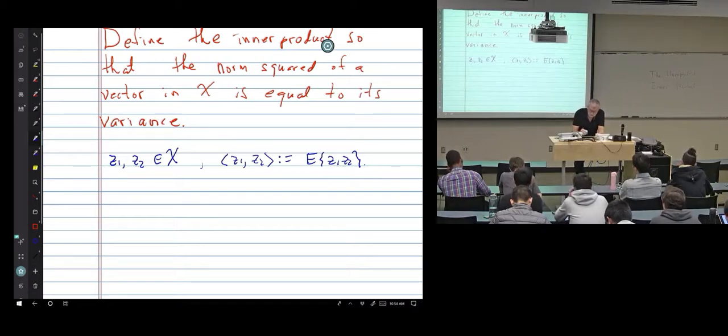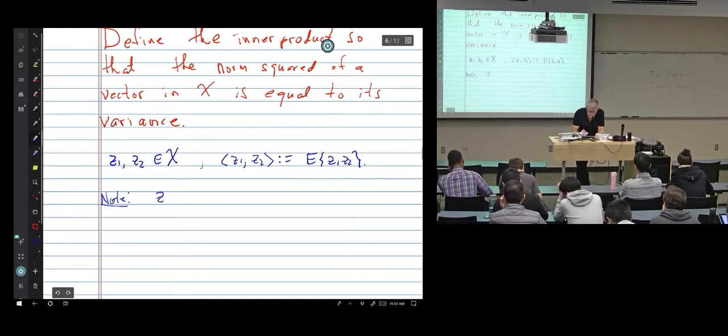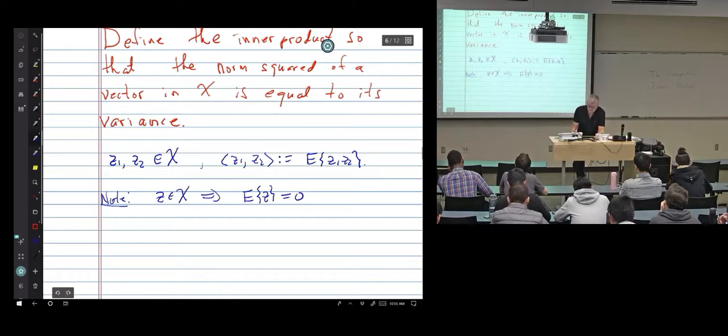Okay? Let's note if Z is in X, that implies the expected value of Z is equal to 0.